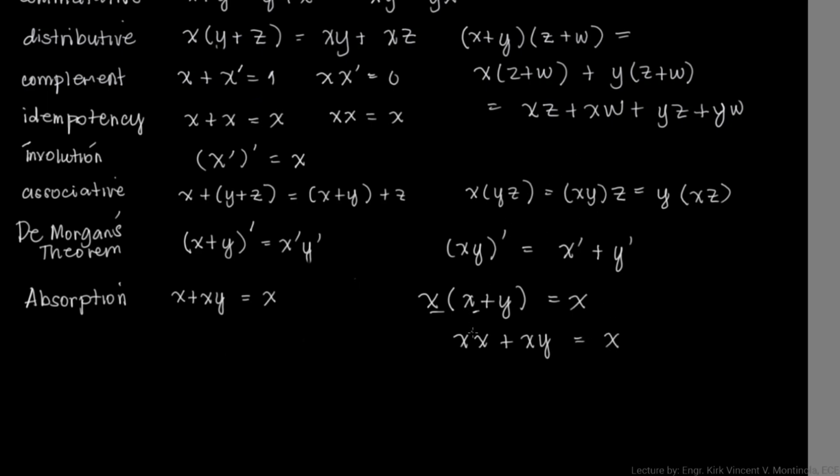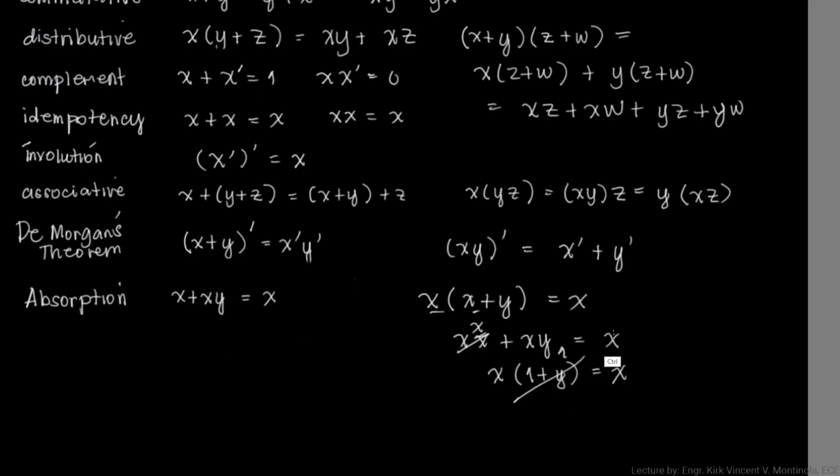So x multiplied by the same variable: if you have 1, multiplying by 1 gives 1, and if your x is 0, then the other is 0, and multiplying by 0 also gives 0. So the result is just a single x. I could simplify this as x only. Then if this is x only, I could factor out my x and write this as x times x plus y. So this one, 1 automatically. So this becomes x equal to x.